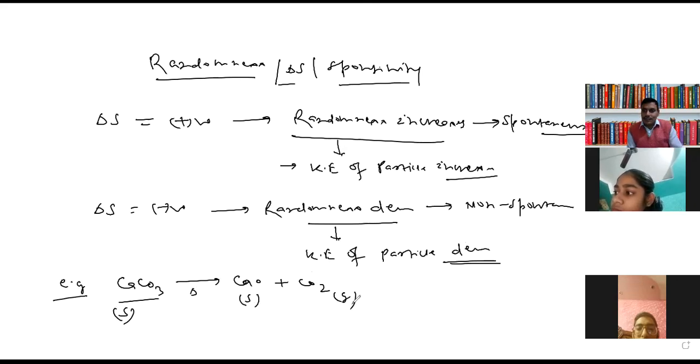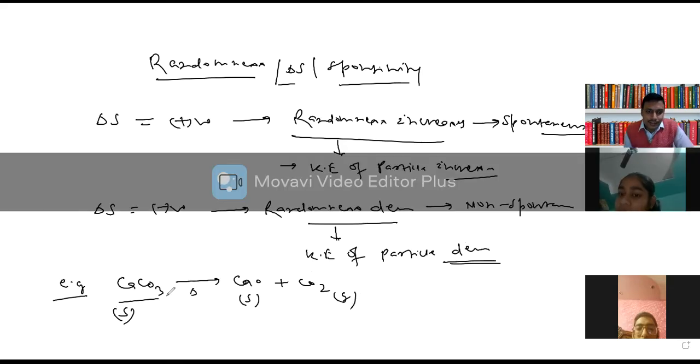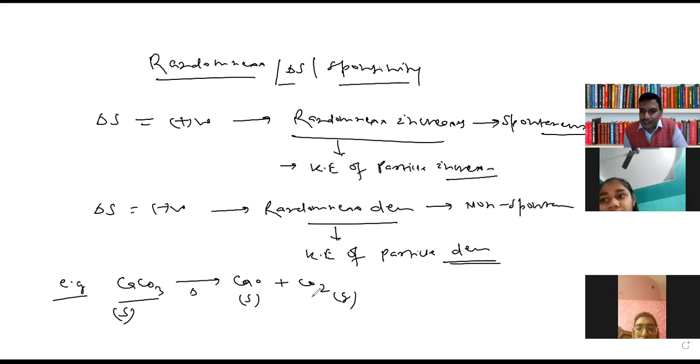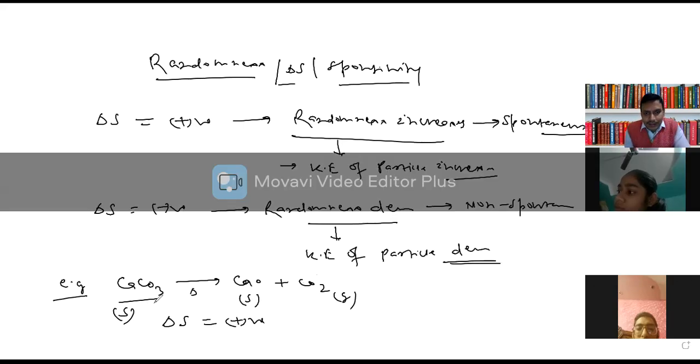In this reaction, randomness increases because the randomness of calcium carbonate is very low due to the solid state. After converting it into one part solid and another part carbon dioxide, that is gas, the randomness increases. That's why for this process, delta S will be positive, and that means this process is spontaneous.